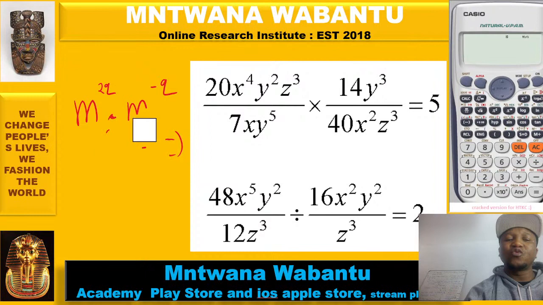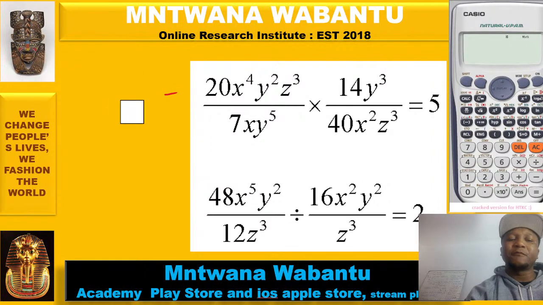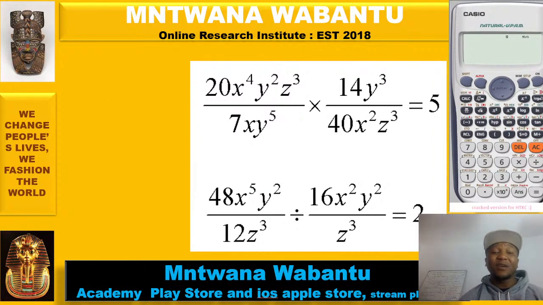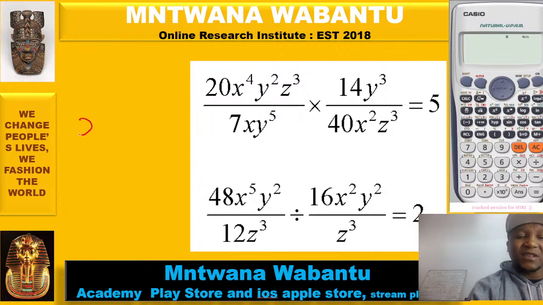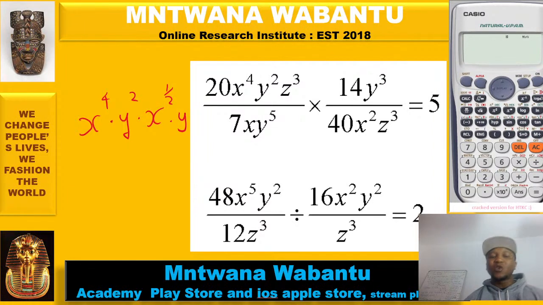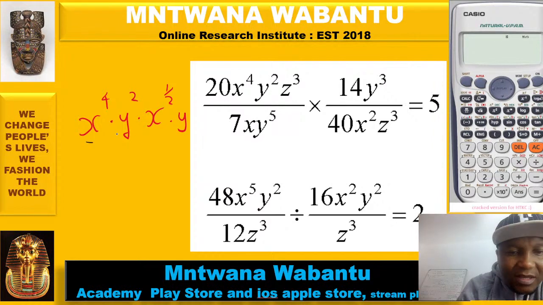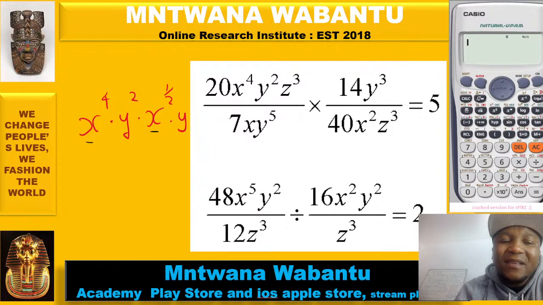Okay, let me just do 2 more examples. Just remember, if you have 2 things, somebody can give you this. Let's say x power 4 times y squared, and they give you x power a half, and they say y. You see, there's a multiplication for each group. This is similar to that. They have the same base. This is x, and this is x. The bases are the same, and there's a multiplication between them.